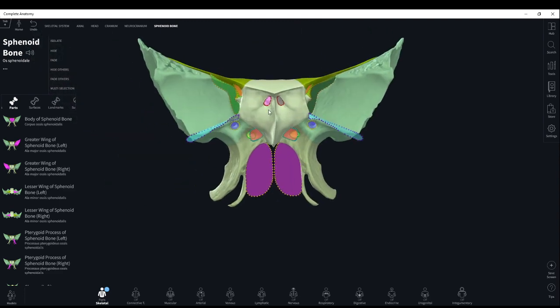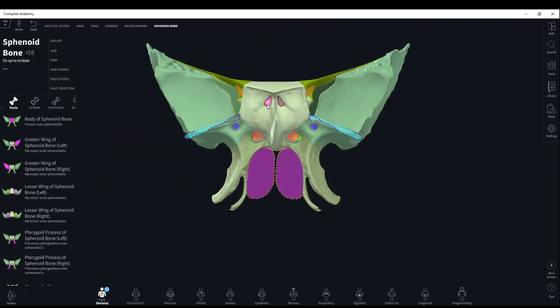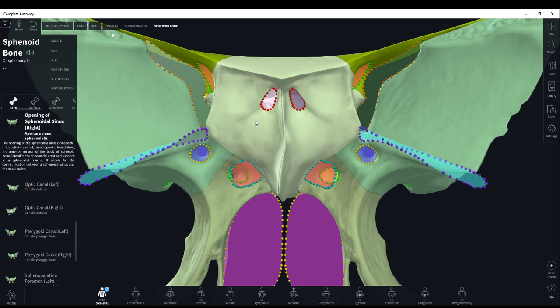On the anterior surface of the body, you can see the openings for the sphenoidal sinus, apertura sinus sphenoidalis.